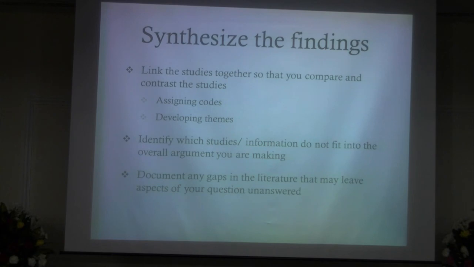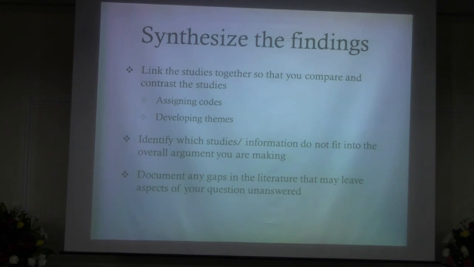And then synthesize these findings. So you've collected the literature, you've done your critical appraisal. Now how are you going to synthesize these findings? You have to assign codes. Okay, this literature is saying that this disease will cause A. This literature is saying that there is no link, so you have to code it and then make a theme.